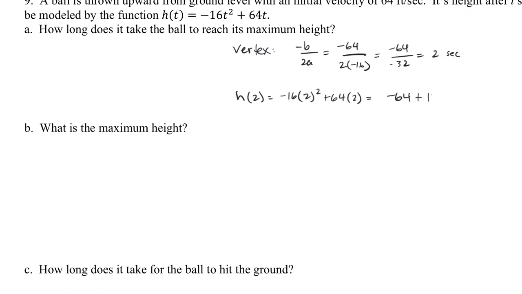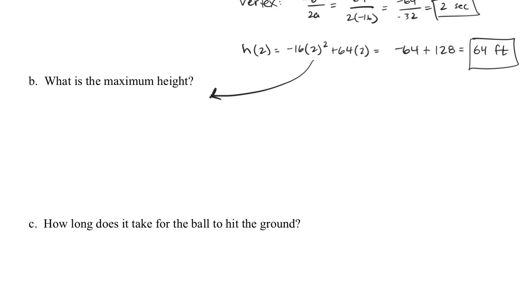And then 64 times 2 is 128. So that's 64 feet. So that's actually the answer to part B. How long does it take the ball to reach its maximum height is the answer for part A. The maximum height is 64 feet.